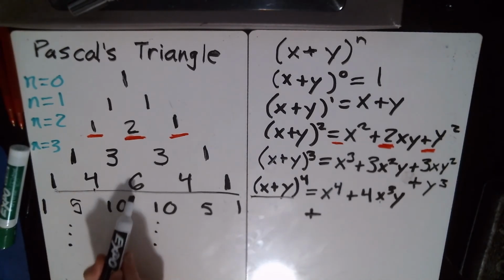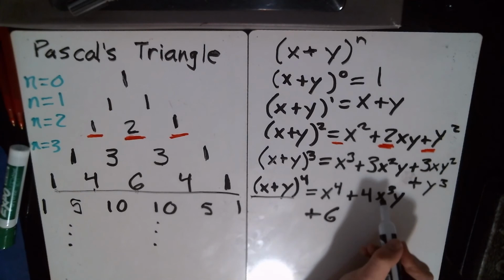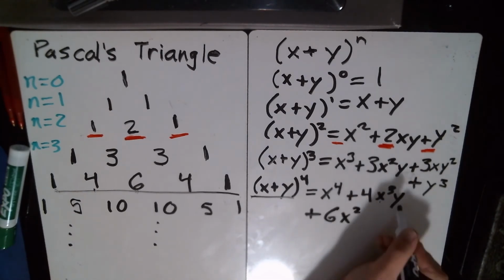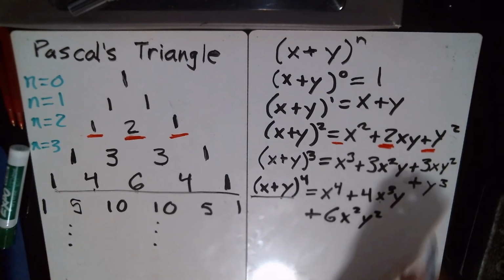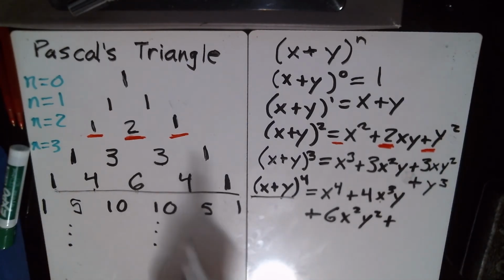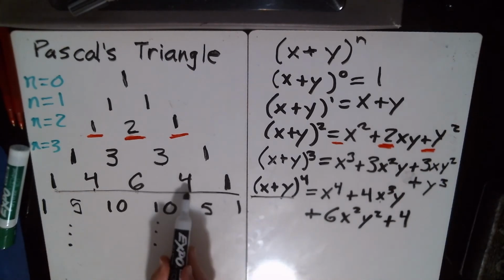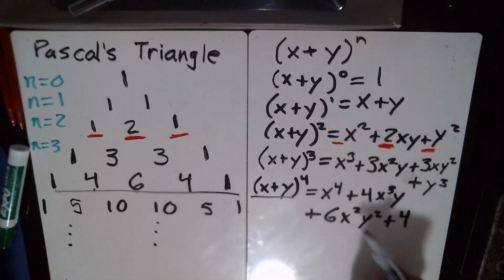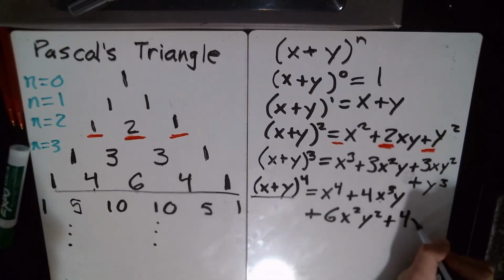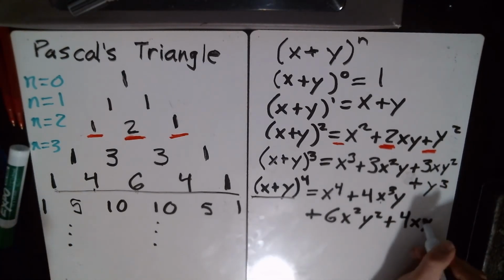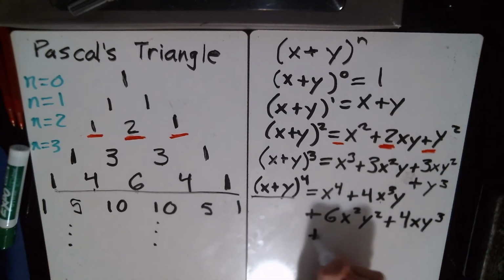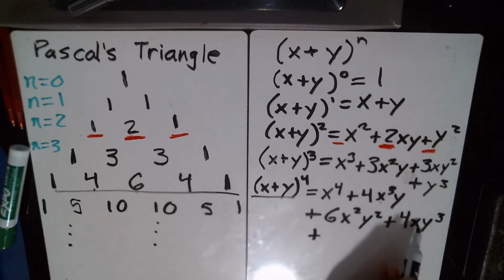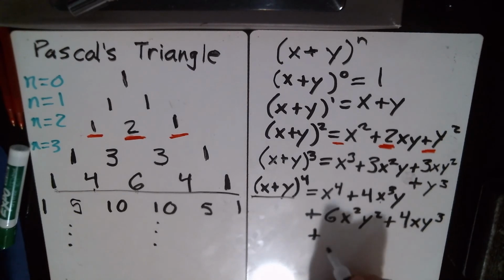Plus, the next thing is 6. We bring down the power on the x to x squared. Increase the power on the y, y squared. Plus 4. And then we decrease the power on the x, so x y cubed, and then plus, well, we bring down the power on the x, 1 times y to the 4th.